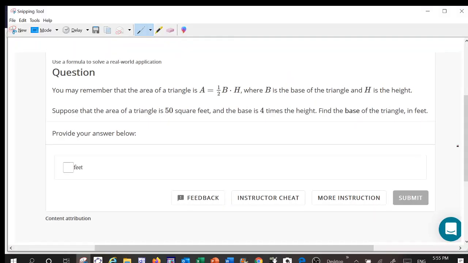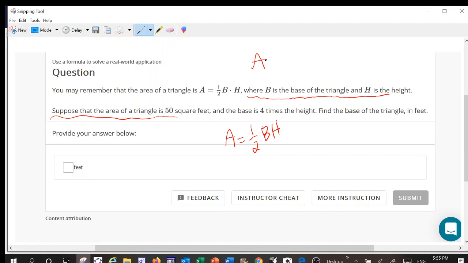So here we are given this equation that says A equals 1/2 B times H. B is the base of the triangle and H is the height. Now suppose that the area of a triangle is 50.